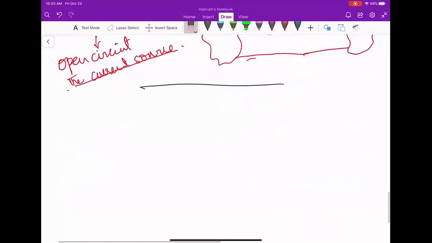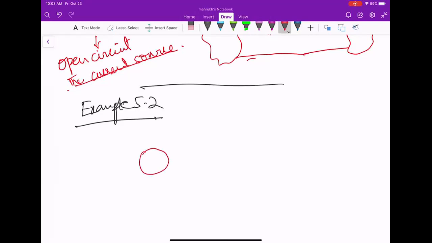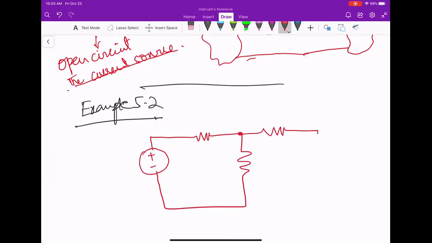So this is example 5.2 I'm doing, and in this circuit, we have two voltage sources.